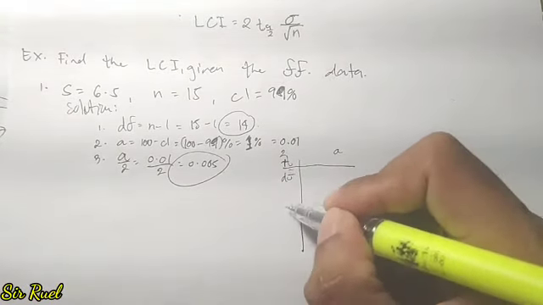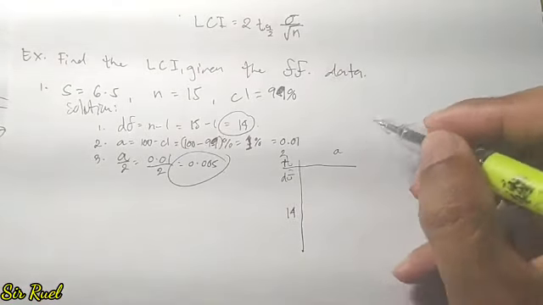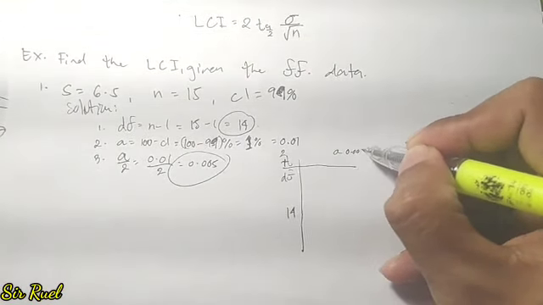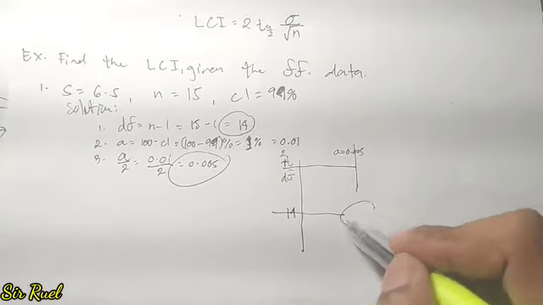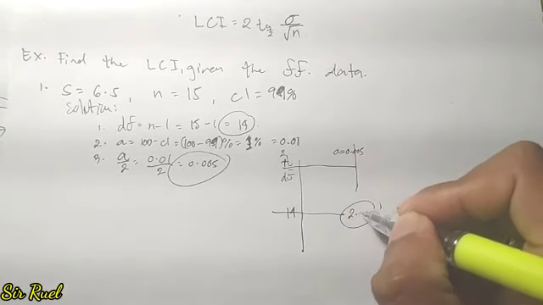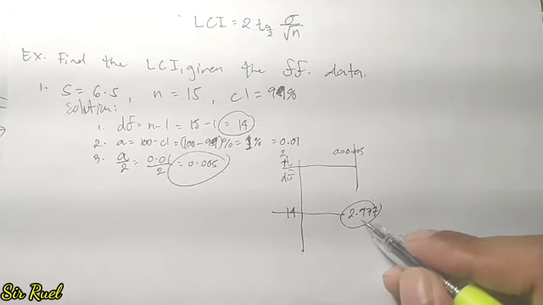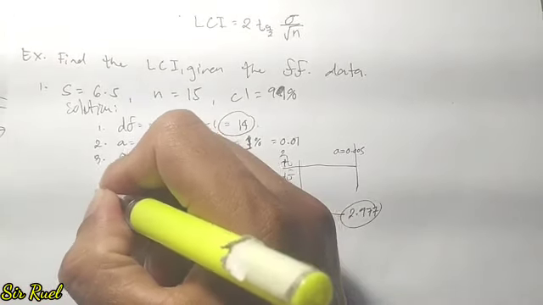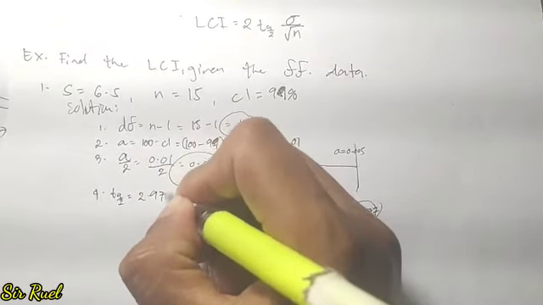Yung degrees of freedom natin is 14. Tapos, yung alpha naman natin is 0.005. Kunin lang natin yung intersection nila, at yung nakasulat ay 2.977. Therefore, yun na yung t-value natin. Yung t-value in 2 tails is 2.977.